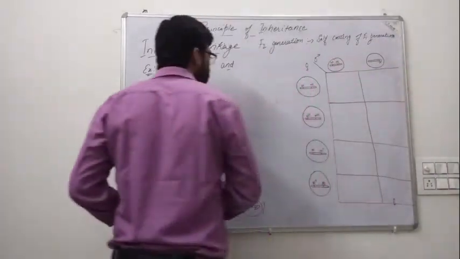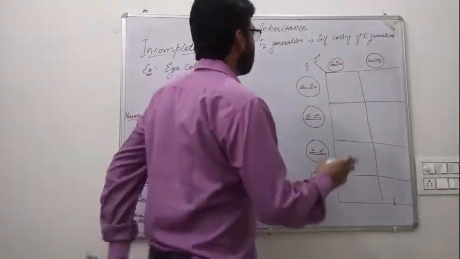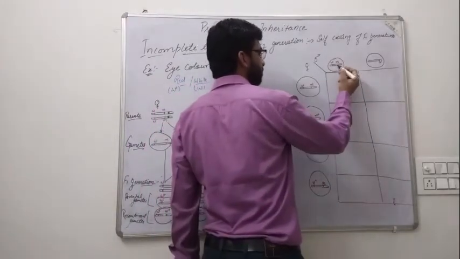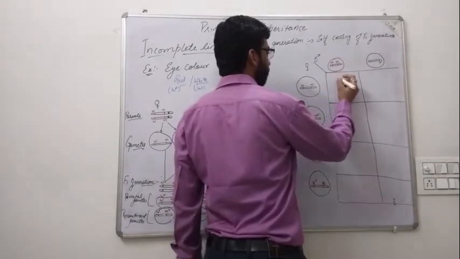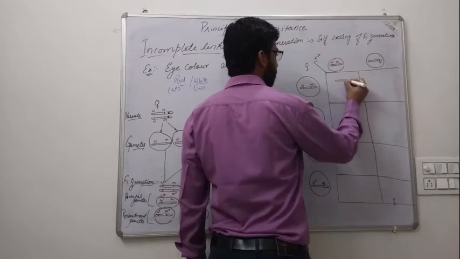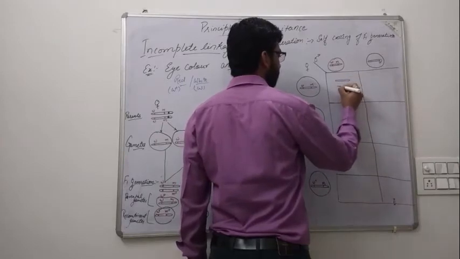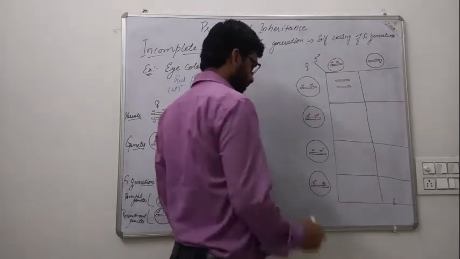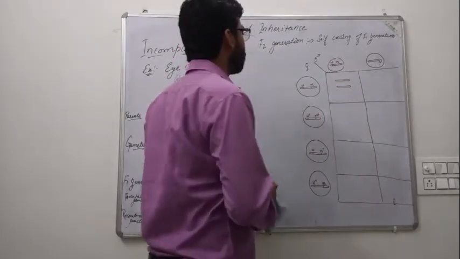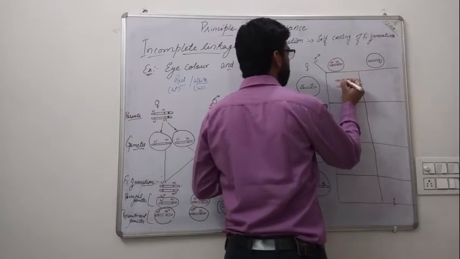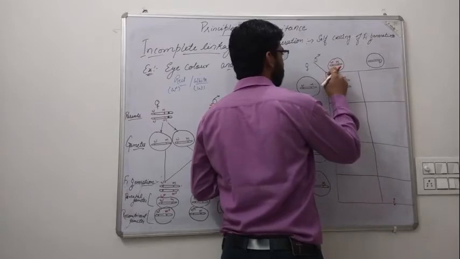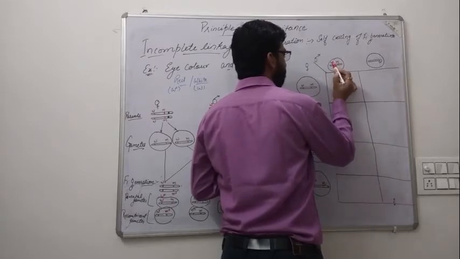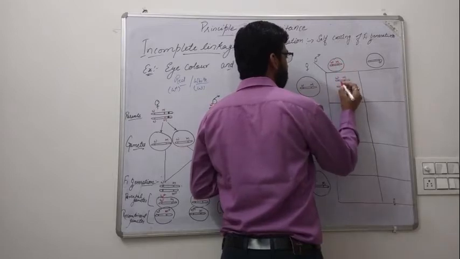Now this one is crossed with this, meaning the sperm crossed with this egg forms this character, with both recessive in nature. The first one is white eye with miniature wing.